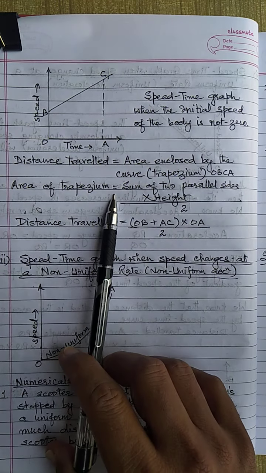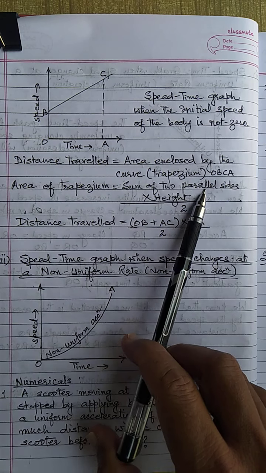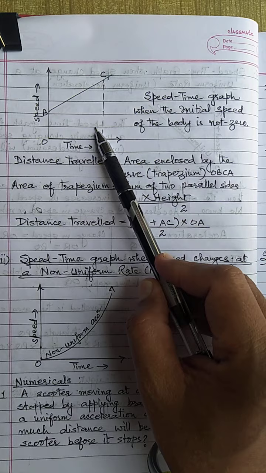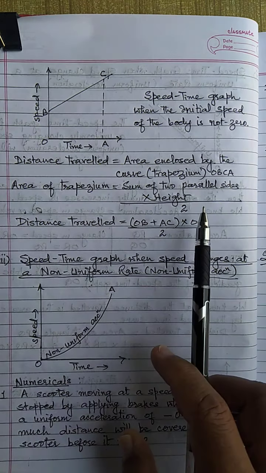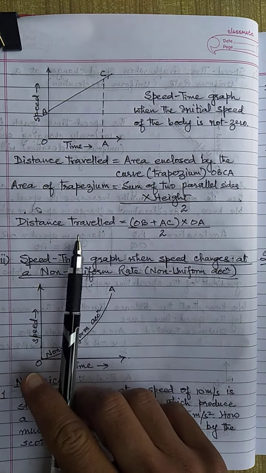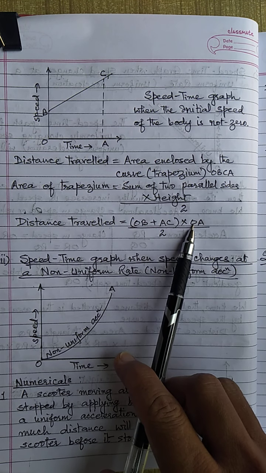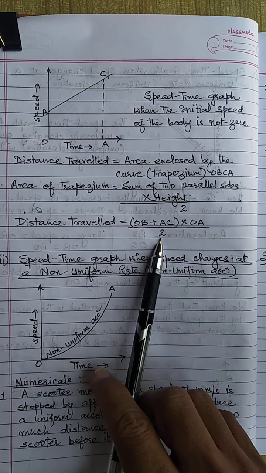We have studied in mathematics, the area of a trapezium is the sum of two parallel sides, OB and AC, into the height, divided by 2. So the distance traveled is equal to (OB plus AC) into OA divided by 2.